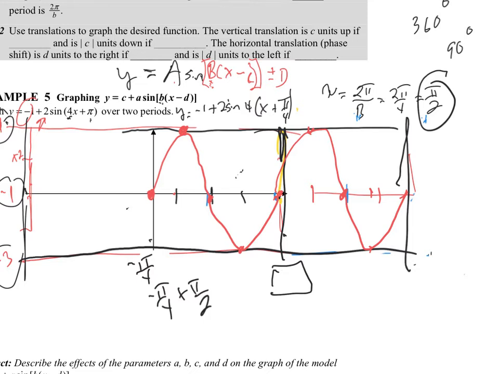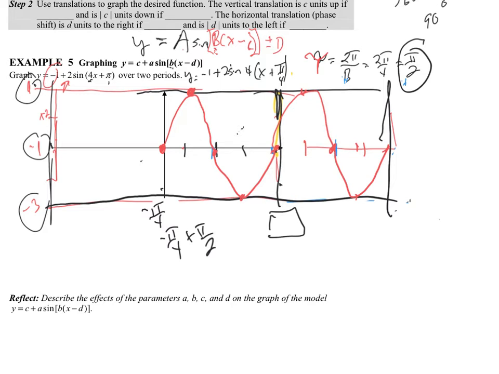So if it starts at negative pi over 4, and I got to add pi over 2 to it to get to the end, because that's what my period was. I'm sorry, that's my period. The frequency is 4, means within 2 pi, I'll get 4 of them done. And I'll show you what I mean by that. In 2 pi, well, maybe I won't.